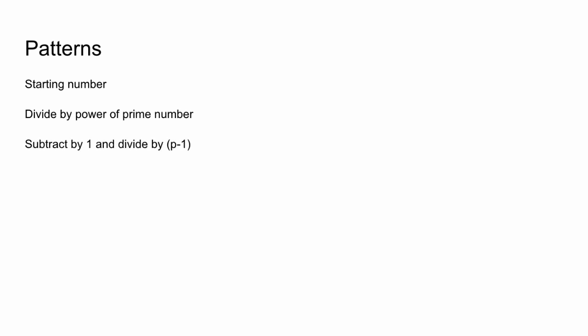Now, I hope there's something that you notice here, which is that for every number we start with, the first thing we do is we divide by the proper prime power, right? Then we subtract 1 and divide by p minus 1, then divide everything by some number, which is equal to e plus something, and then you keep doing this process until you get to your final number.